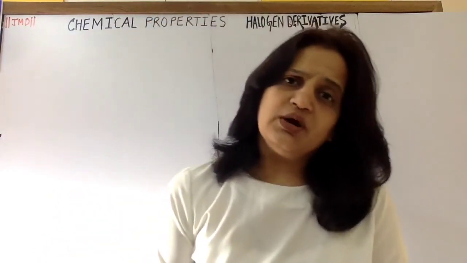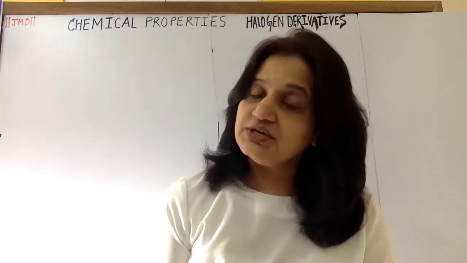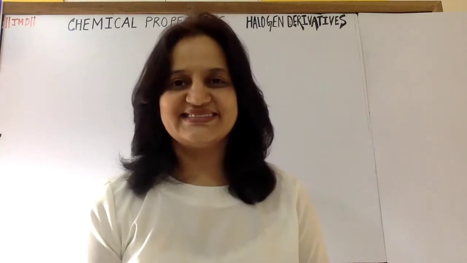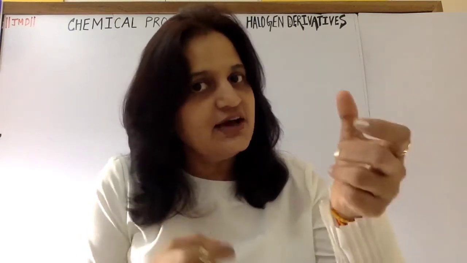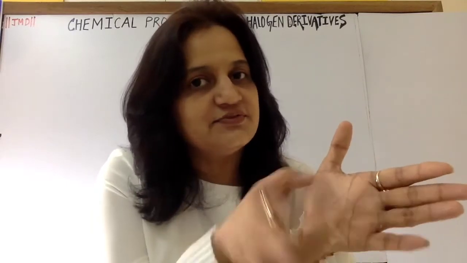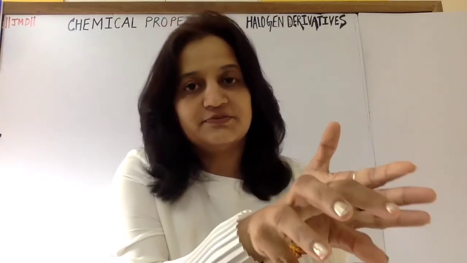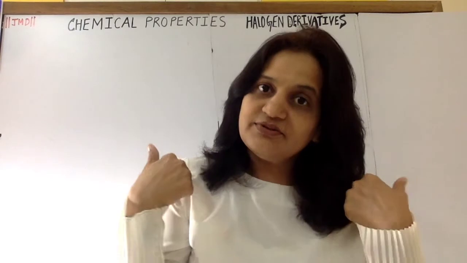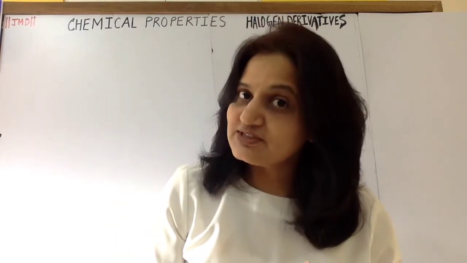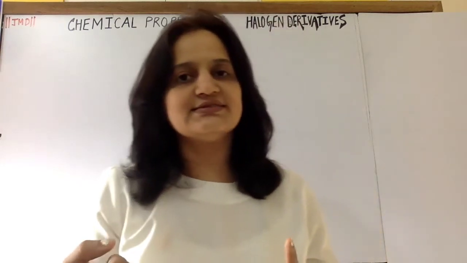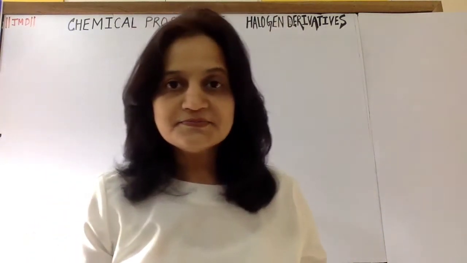Basically, students, a nucleophile is a species which loves nucleus. It loves positive, so it itself is electron rich. So these electron rich species which love the nucleus can be an anion.